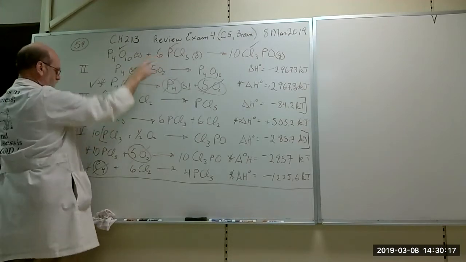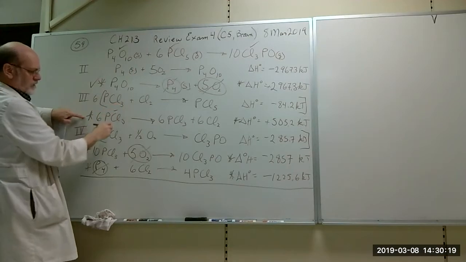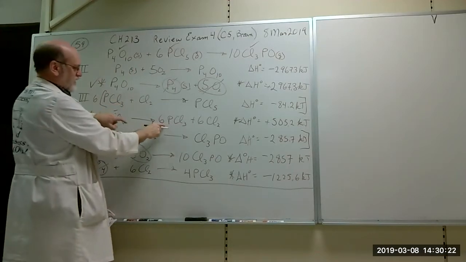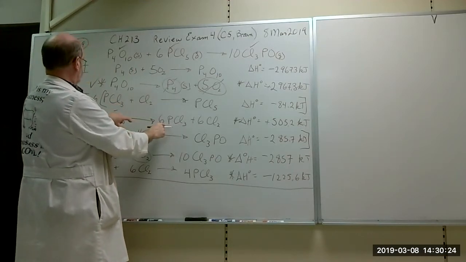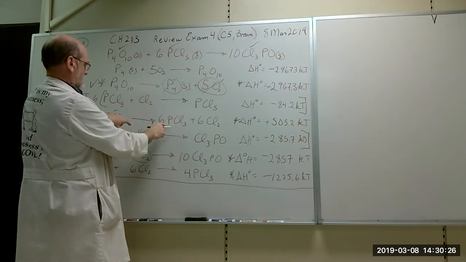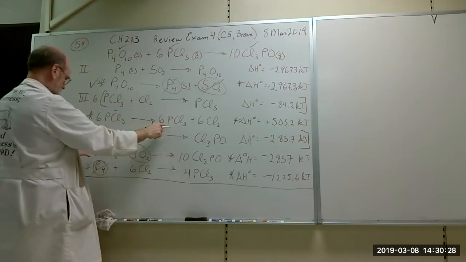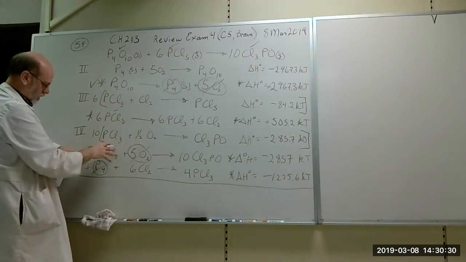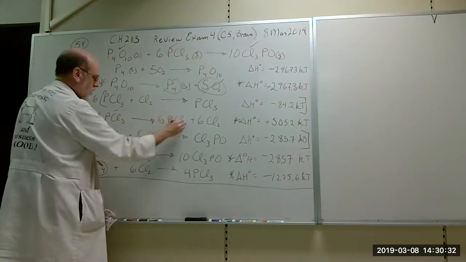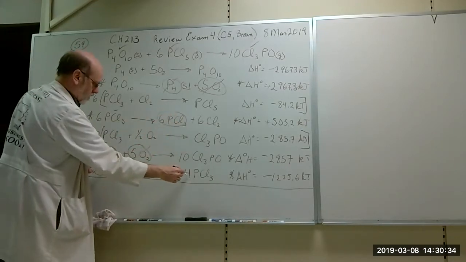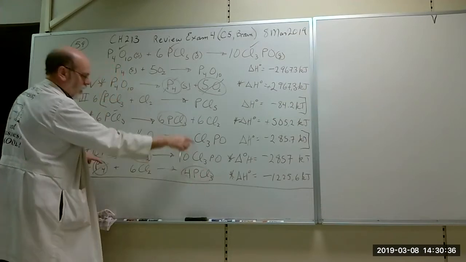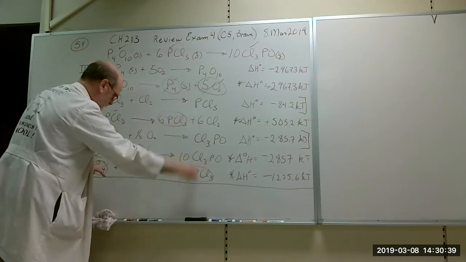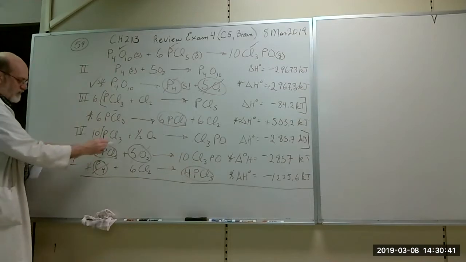How about this one? PCl5. Okay, there's 6 PCl5. It's good. 6 PCl3. And 10 gives us 4. And there's the other 4. So there's 4 here on that side, 6 on that side, 10 on this side, 10 on this side.